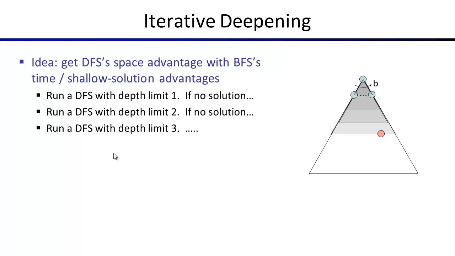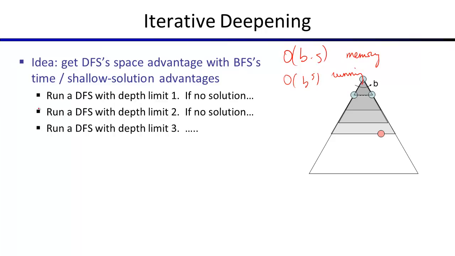Because you're running a depth-first search, your memory complexity is still order B times S for memory, and order B to the S for running time. So it has the same complexity as breadth-first search in terms of running time, same complexity as depth-first for memory, and it finds the solution with the least number of actions.